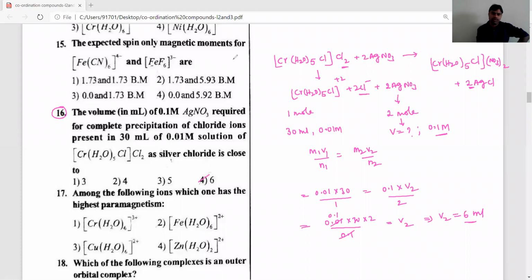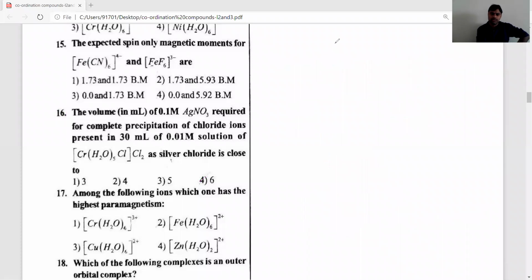Okay students, let's go to the 17th question. Among the following ions, which has the highest paramagnetism? As the n value increases, where n means the number of unpaired electrons, the paramagnetic nature increases.